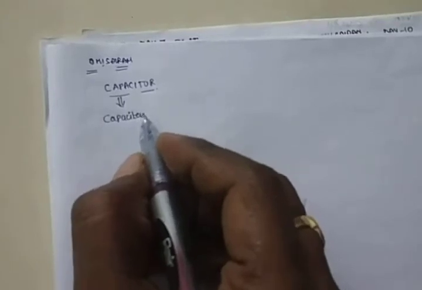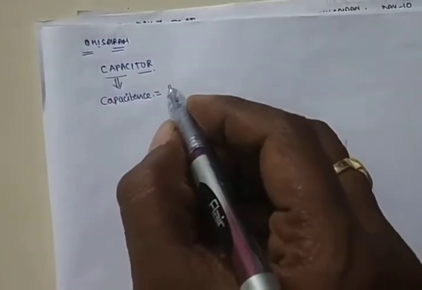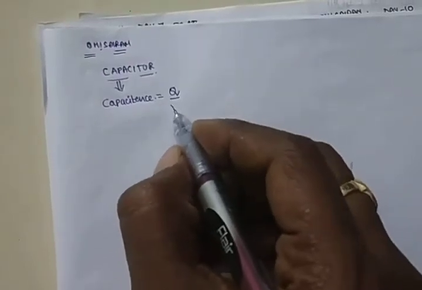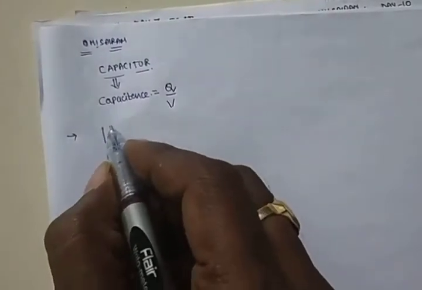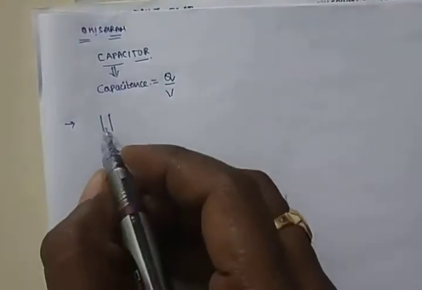For a capacitance, how do we define it? It is the ratio of charge to the potential. How is it indicated? The capacitor consists of two metal plates which contain equal and opposite charge.